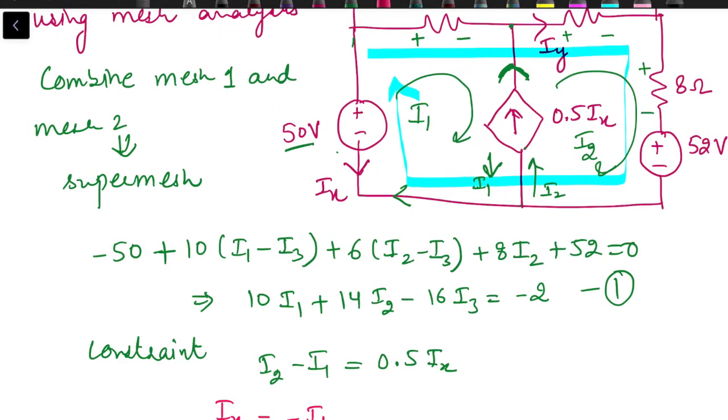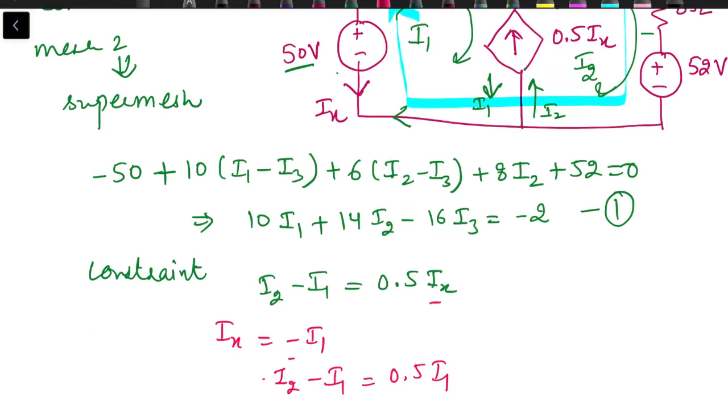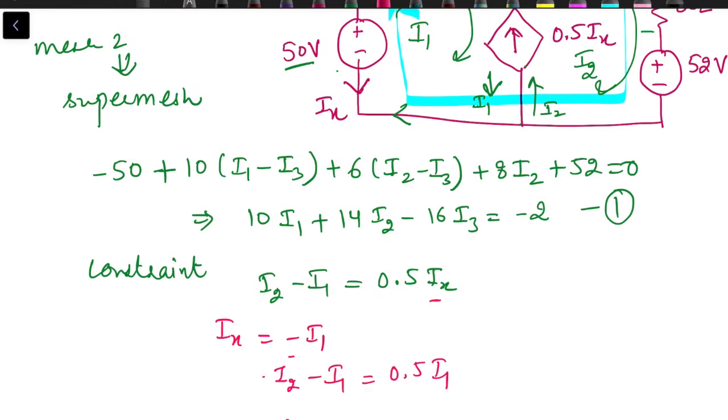So when we use this value of Ix in this equation, it will be I2 minus I1 equals 0.5 I1, which will give us the equation minus 0.5 I1 plus I2 equal to 0. This will be the second equation.